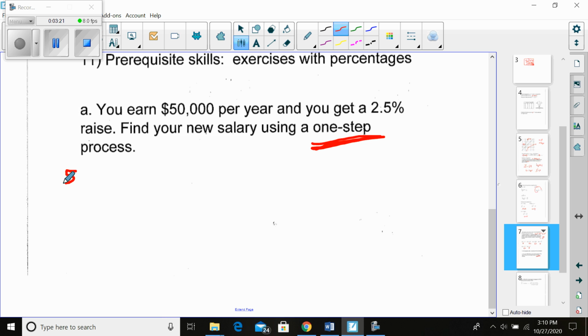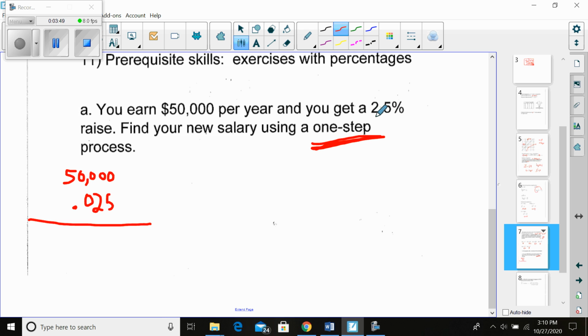Because I know what you would do is multiply this by 0.025, because you'd have to change that to a decimal. You'd find the amount of the raise, and then you would add it on to the $50,000. And I want you to do this in a one-step process.